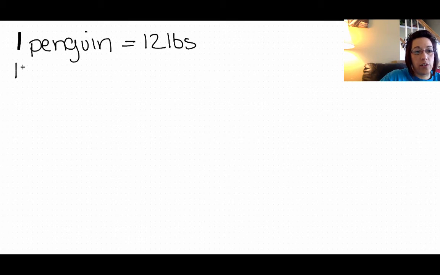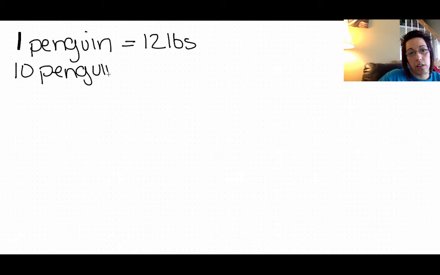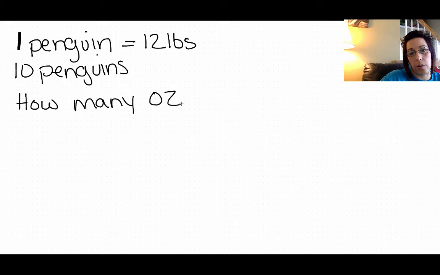So we have 10 penguins, and how many ounces? Let's go ahead and figure out how many pounds for a day, because that's simple math.